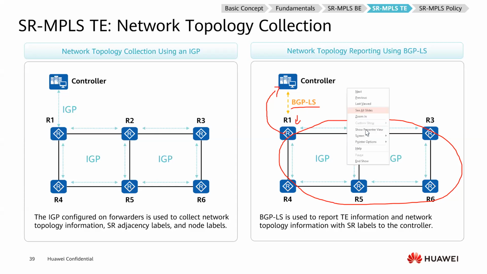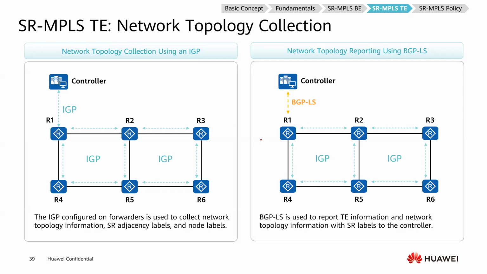Because we are running IS-IS or OSPF, we have the same LSDB. So I just put this LSDB into this BGP-LS address family and use BGP to tell the controller. That will be much better. So this is what we use in the real live network.